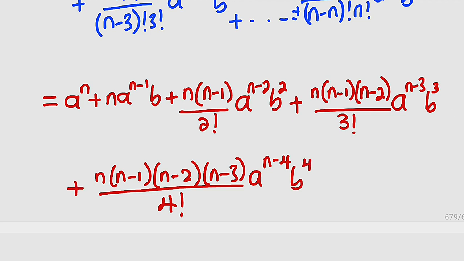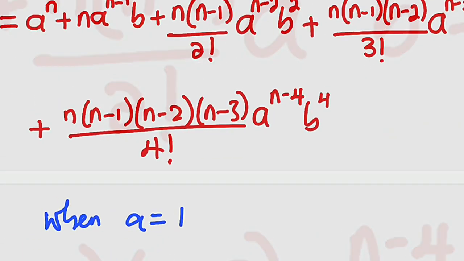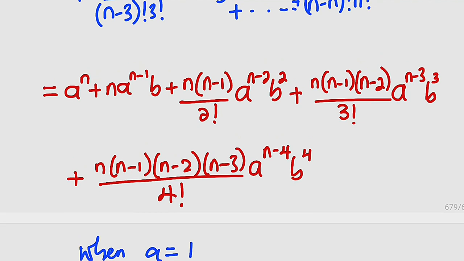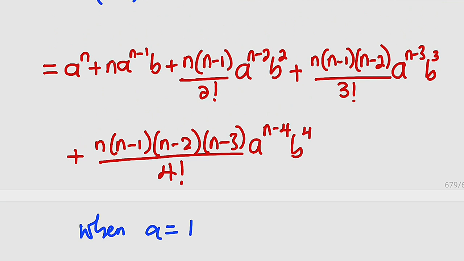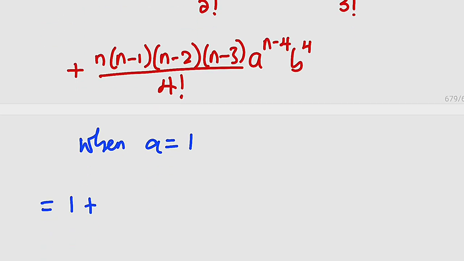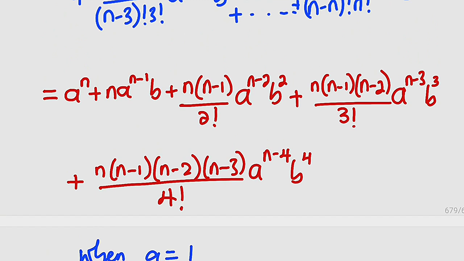As simple as this. Then next, what if a is equal to 1? We are going to replace all these a's with 1. This will become 1. That is the first term. So this is equal to 1 plus. We are going to replace this a with 1 again. So we have 1 to the power of n minus 1, which is still 1, times nb. So we have nb alone at that point. We have nb plus, we move to the third term.